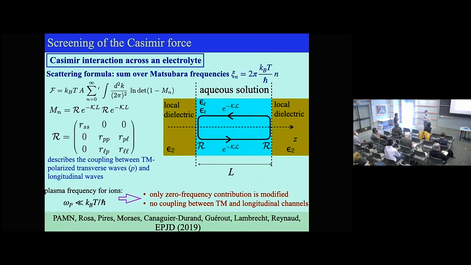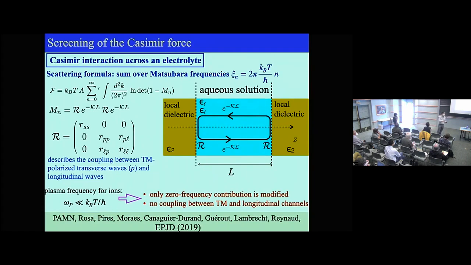What about the zero frequency then? At the zero frequency, of course, it's something different, right? I have the impression that sometimes, not in the Casimir community, but in the colloid community, you tend to treat the zero frequency as something that has to be considered apart from the rest.